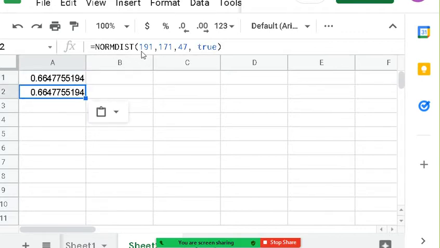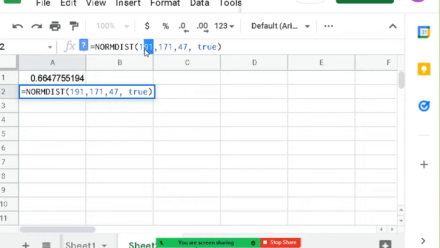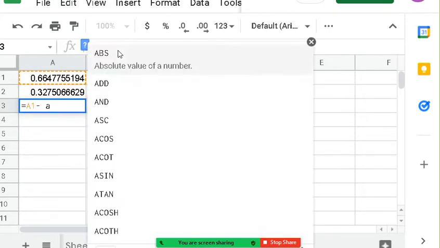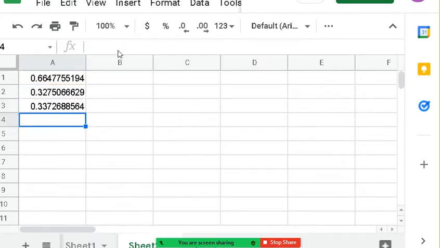I'll paste it down here, and all I'm going to do is change this to a 150. And now I'll finish up by subtracting these two. So one more quick glance. I want this one, minus A2. There you go. And that's the difference. That's the answer that we want. You should get about 0.3373.